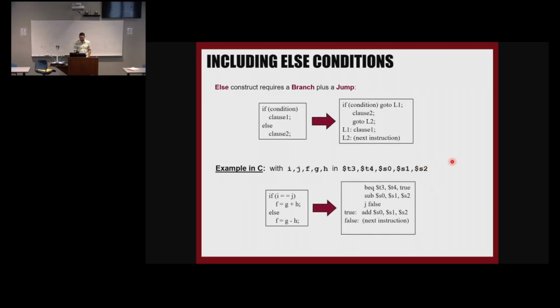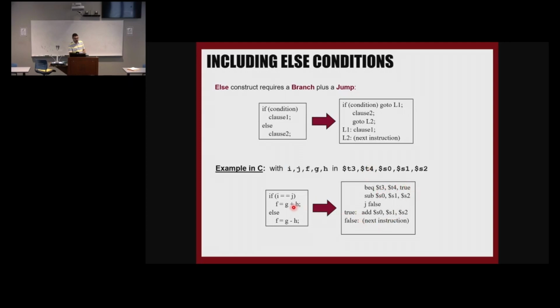Okay, so the way that we have it here is a little bit more straightforward, okay? Straightforward doesn't mean good, right? It's just easy to understand, but it's not good necessarily. So we just simply compare T3 and T4. T3 is I, T4 is J. If they're equal, we jump to true.